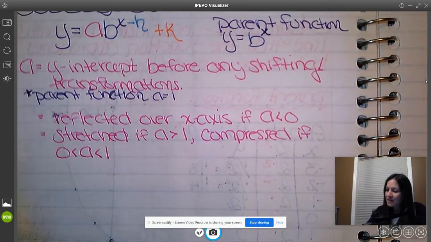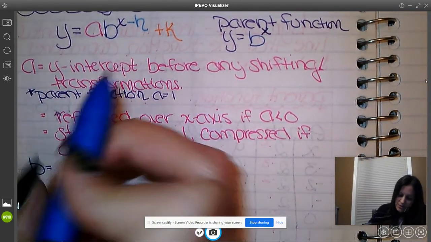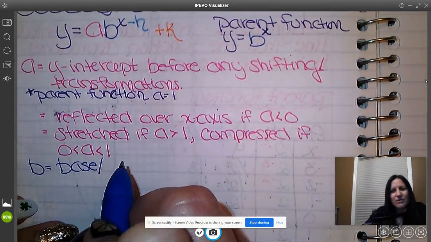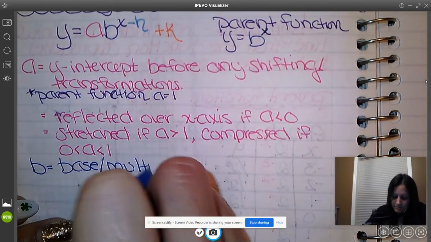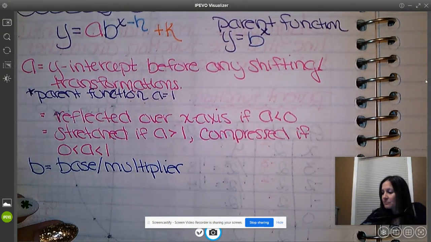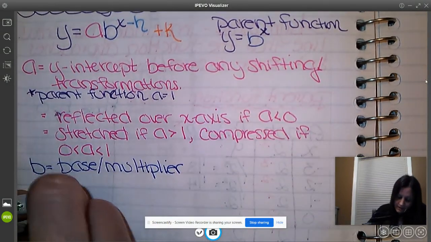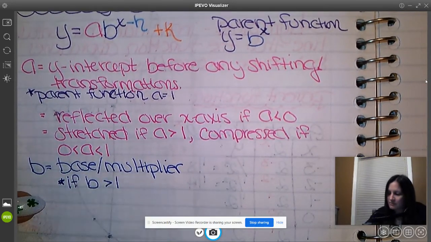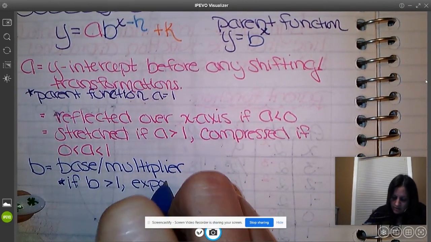So our b value. The b value is our base. It's also referred to as a multiplier. And if b is greater than 1, we have what's called exponential growth.